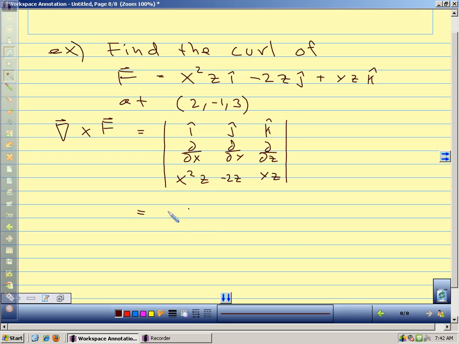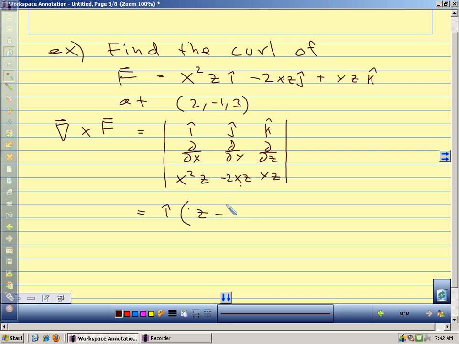So our curl is going to be i times the quantity: d/dy of yz, which is z, minus d/dz of minus 2xz. So that would be plus, and I wanted this to be 2xz, so this should be a 2x here.